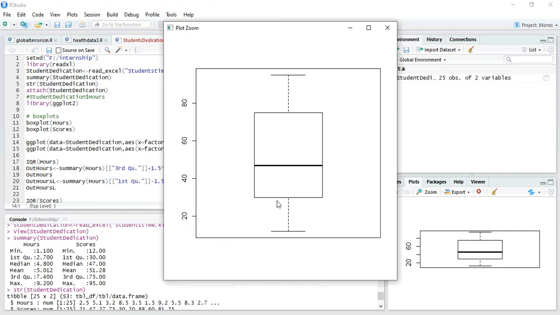These are the limits. The median is 47, somewhere here. And the mean is a little greater, somewhere here, 51.8.